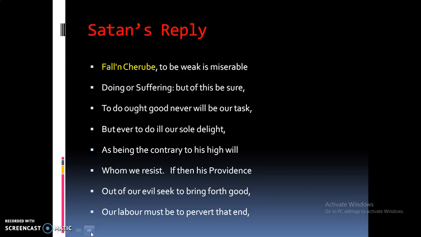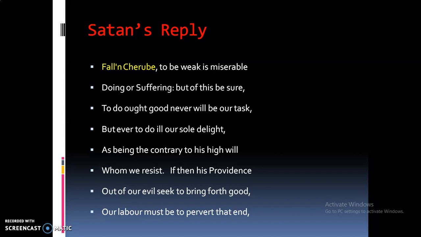This is actually Satan's reply. "Fallen cherub, to be weak is miserable." As we have already discussed, the angels are of two kinds, cherubim and seraphim, arranged in 3 ranks: archangels or chiefs, princes and individual powers of intelligence, each kind having its special duties.